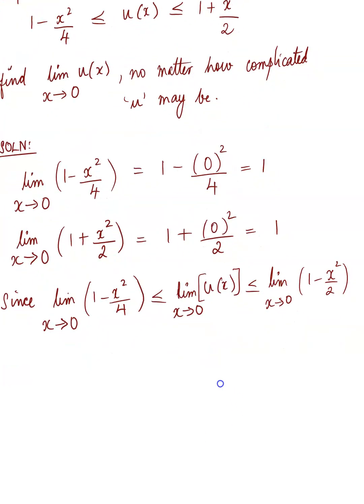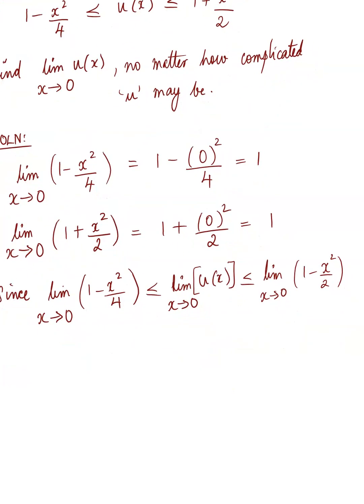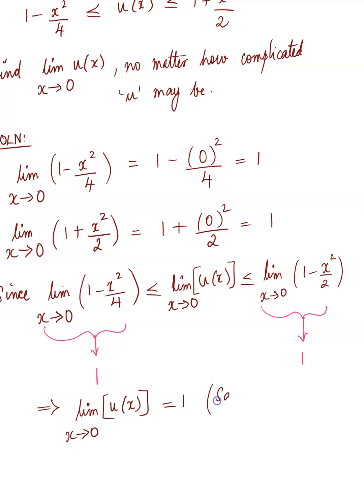What's interesting is we found that this approaches 1 and this approaches 1, right? So this implies that what's squeezed in between them should also approach 1. This implies the limit of u of x as x approaches 0 must be equal to 1 by the Squeeze Theorem.